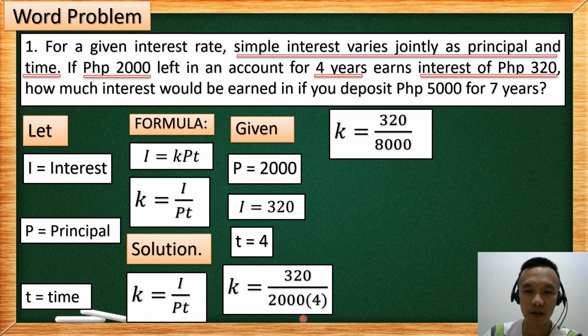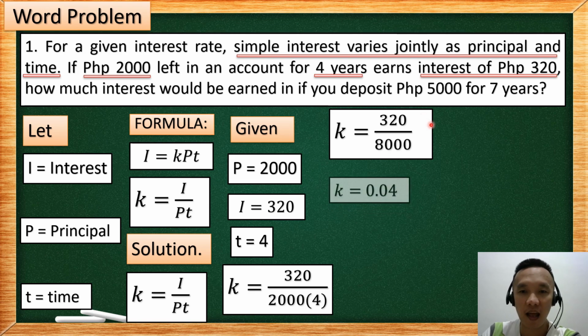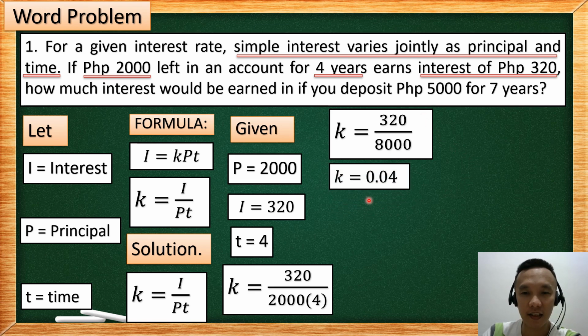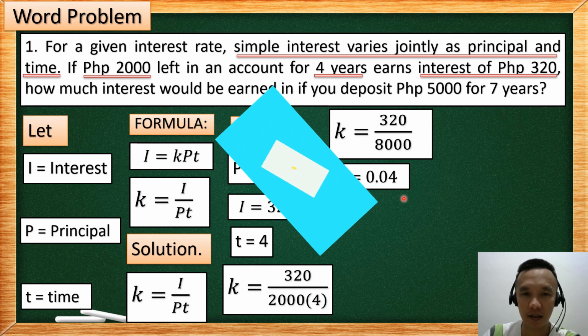Then 2,000 times 4 is 8,000, and we just copy the 320 in our numerator. And we will have 0.04 if you divide 320 by 8,000. So this is now our constant of variation.